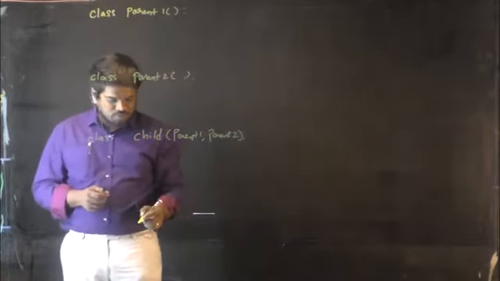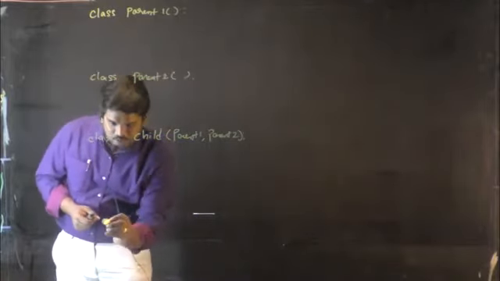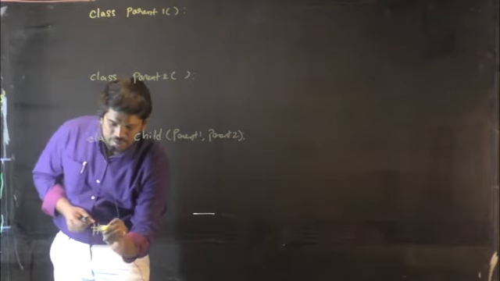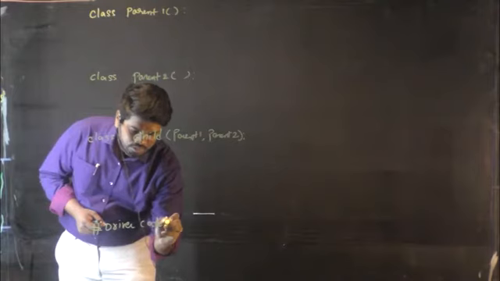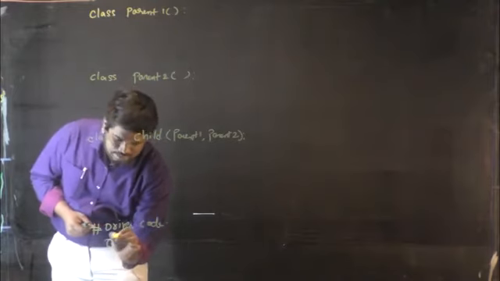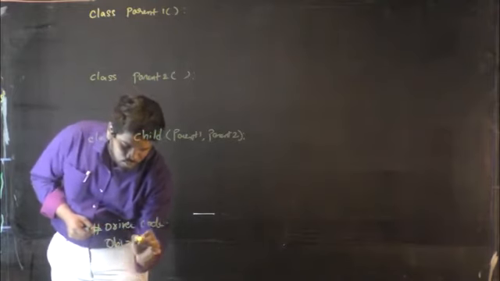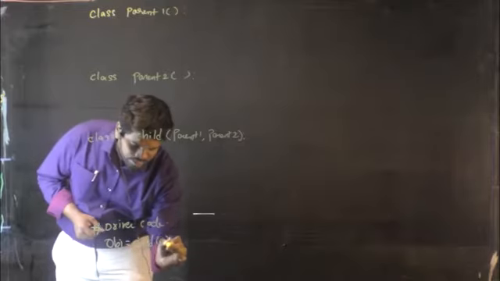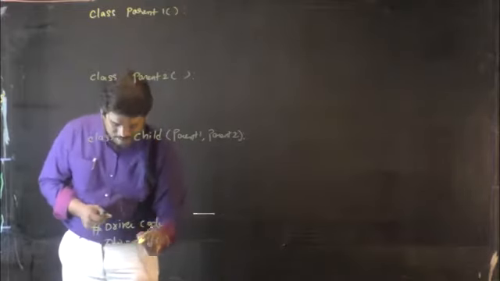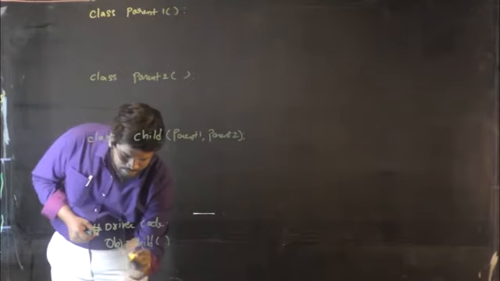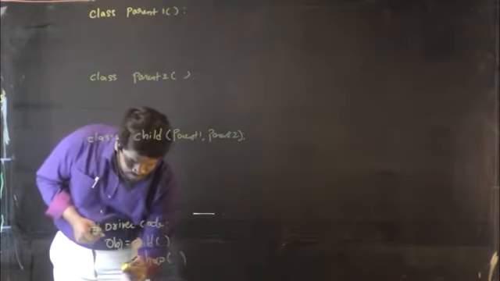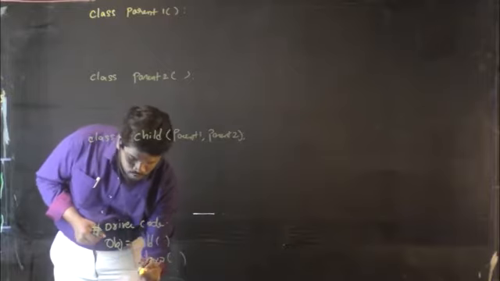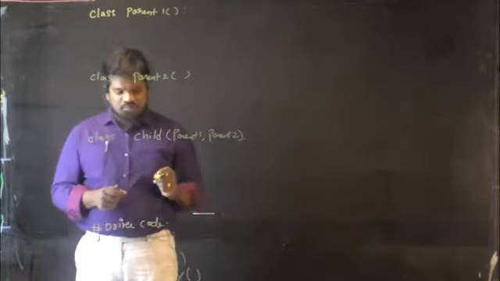And next I am going to write down the driver code here. Obviously I'll create the object of the child class, obj of child, and next I'll invoke the method obj of show, and next one is obj of display.